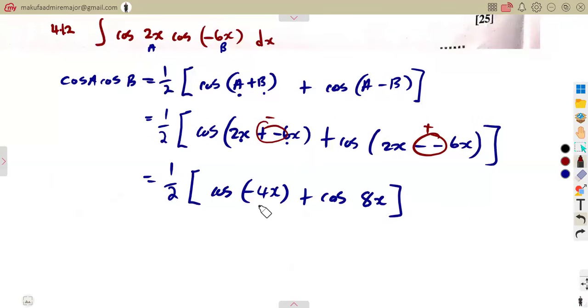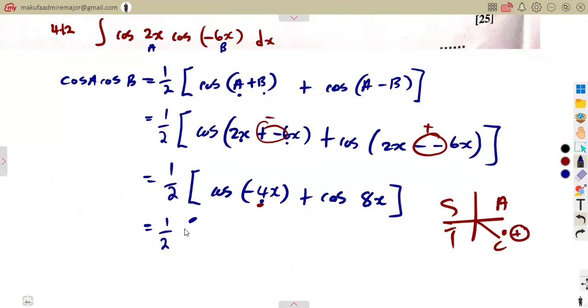From your trigonometry, you understand that cos of minus x lies in the fourth quadrant, where cos is positive. So this here is the same as cos 4x. Instead of writing this, I can just write half the cos of positive 4x, like that. Cos is positive in the fourth quadrant, so it's still positive.